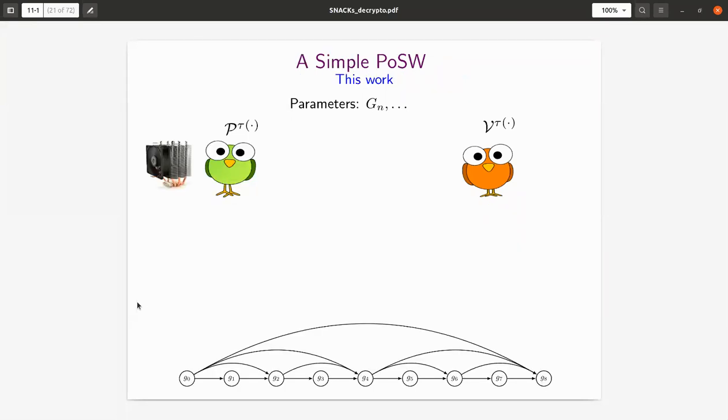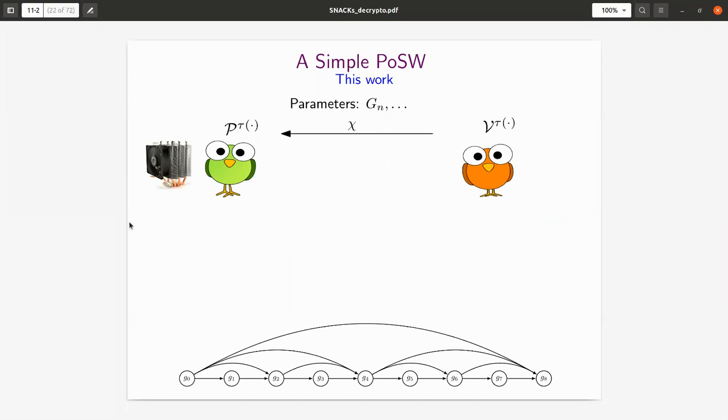One such simple proof of sequential work, which is just another twist of an existing proof of sequential work, is the following. To make things concrete, you have the verifier and the prover, and you have some parameter graph. This is, just for simplicity, a graph that has 9 nodes, as you can see.